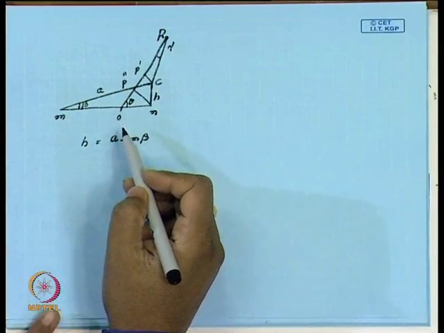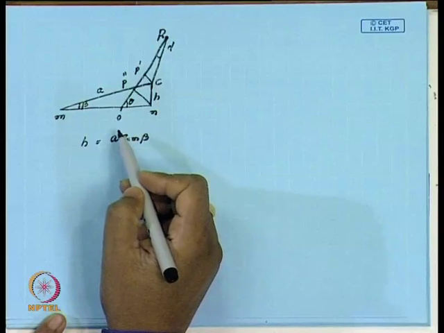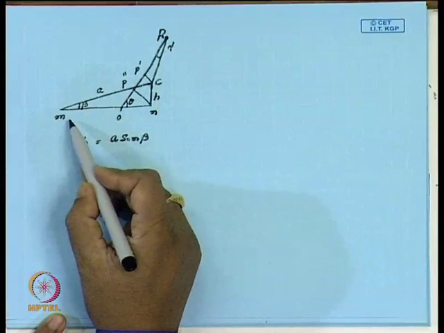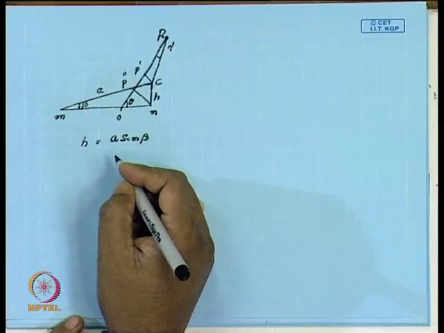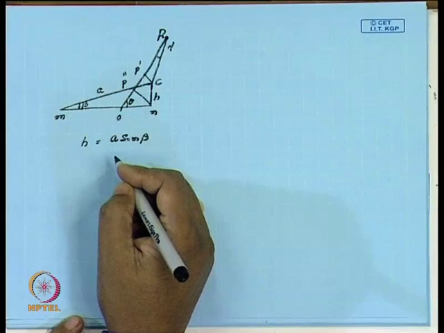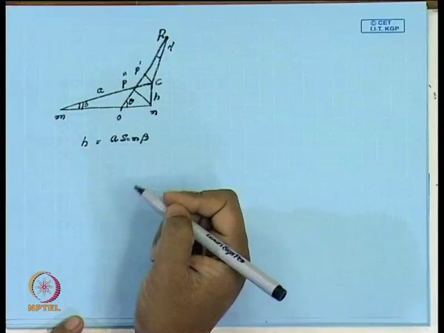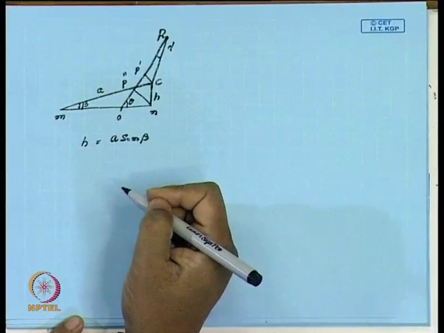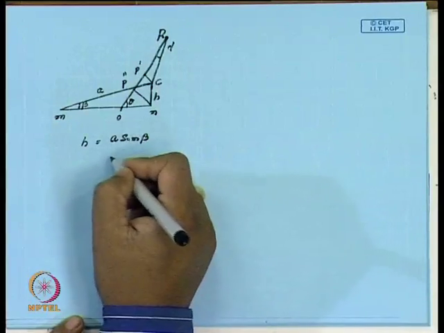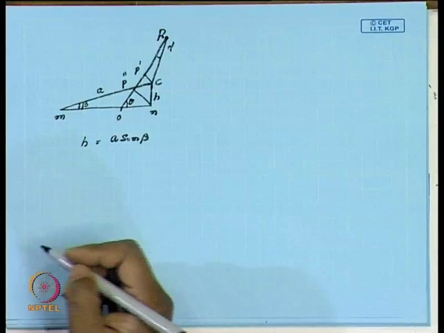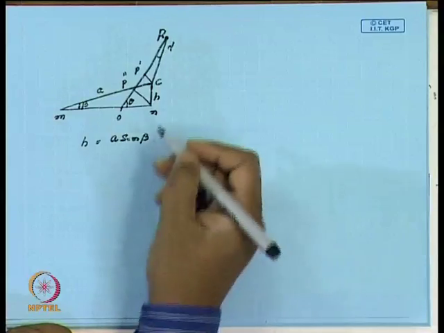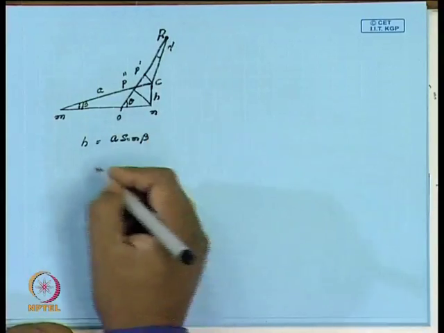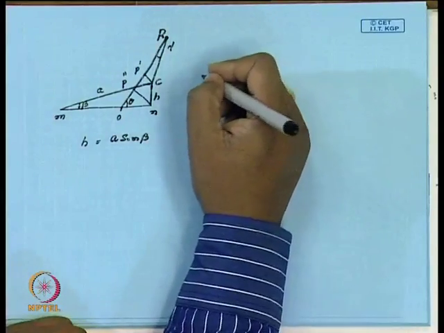Again, my A is equal to, which I can also write as, H is equal to A sin beta. Again, this distance I will come back to further.